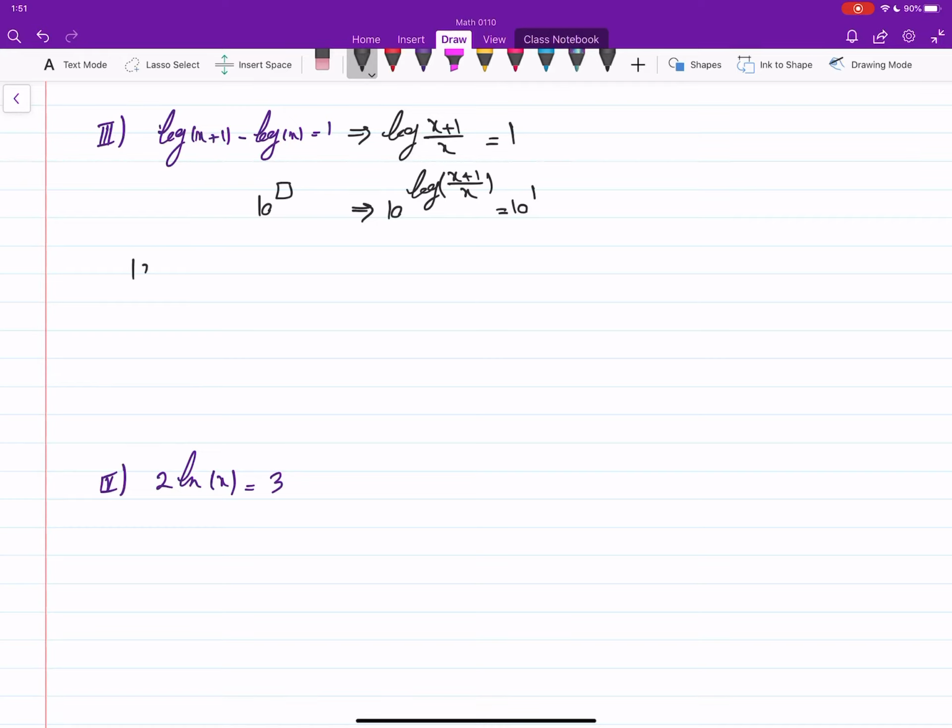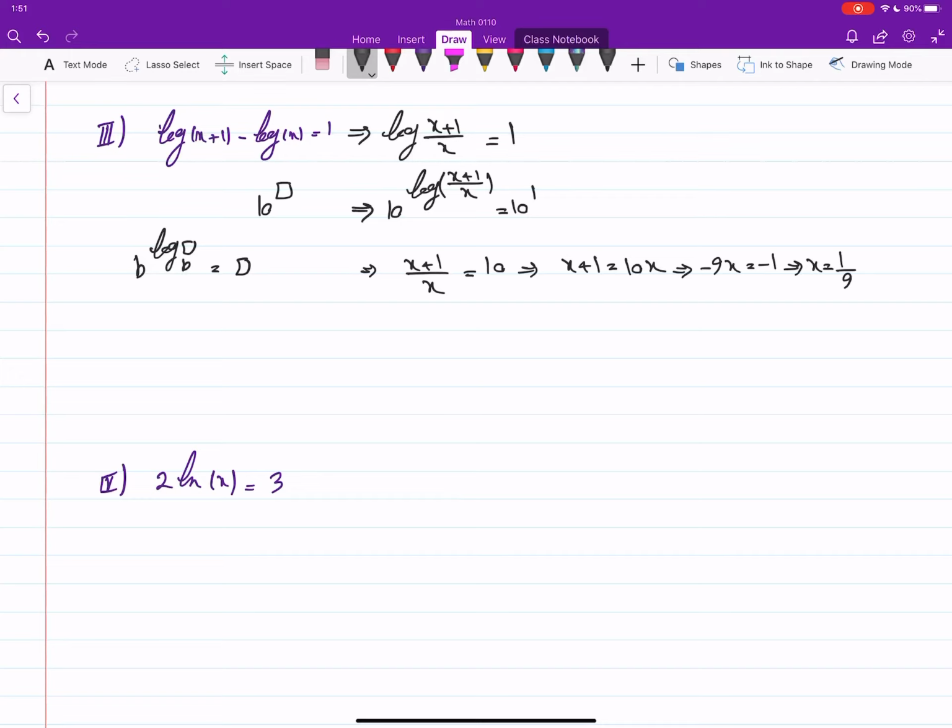And we know that 10 to the power log base 10 of box is just box. So this means that we have x plus 1 over x equals 10. Well, solve this equation. This is 10x, and that gives us minus 9x equals negative 1. And from there, we have x is equal to 1 over 9.